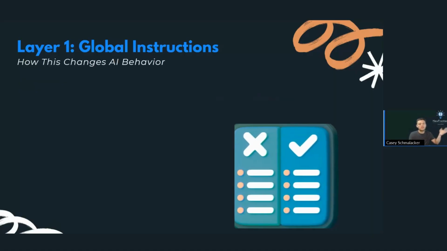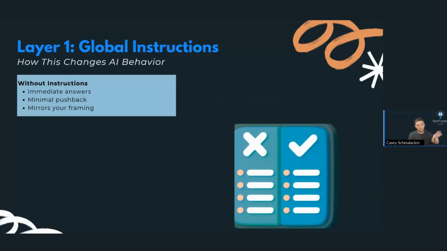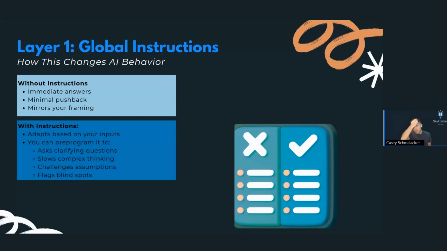So how does this change our AI's behavior? Without instructions, you're going to get pretty immediate answers. There's going to be minimal pushback, and it's mirroring your framing. It's taking everything that you put in as fact and just adjusting to what you bring to the table. But with instructions, it's adapting based off of whatever you input in there.